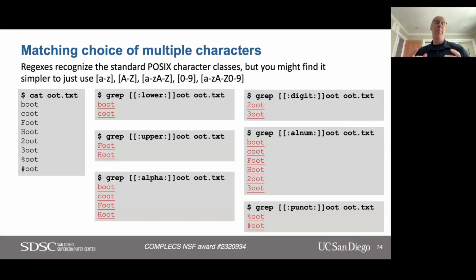So I might manually enter the period, comma, semicolon, and so on. But inevitably, you're going to miss something. And if you use the punctuation character class, you're going to pick up all of those punctuations.